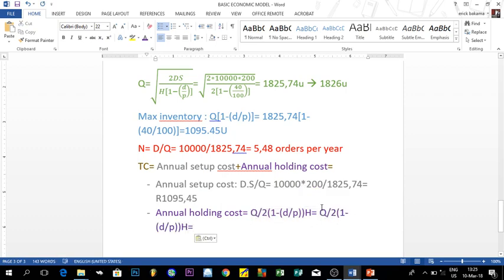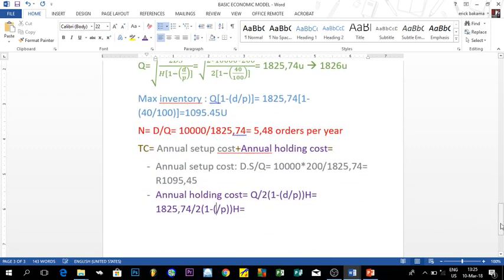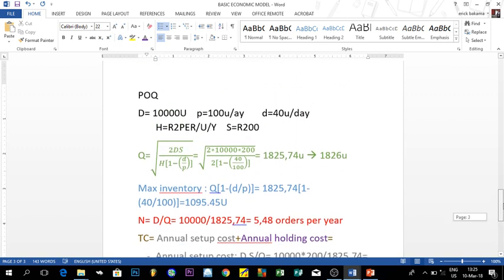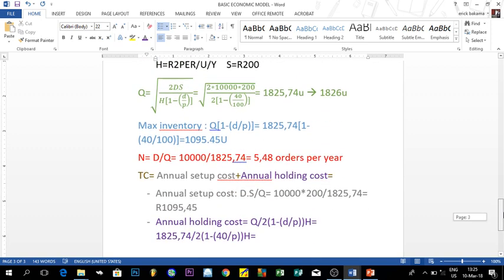The value of Q that we already got was 1825.74. We divide it by 2 and multiply by 1 minus d over p. The value of small d was 40, and p was 100 units.